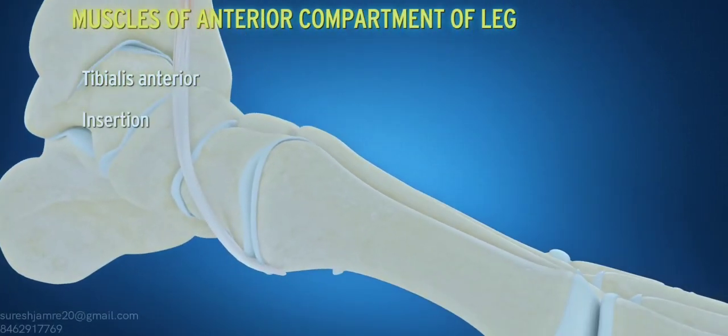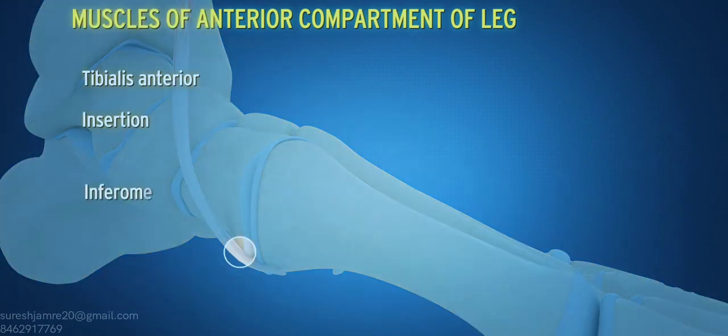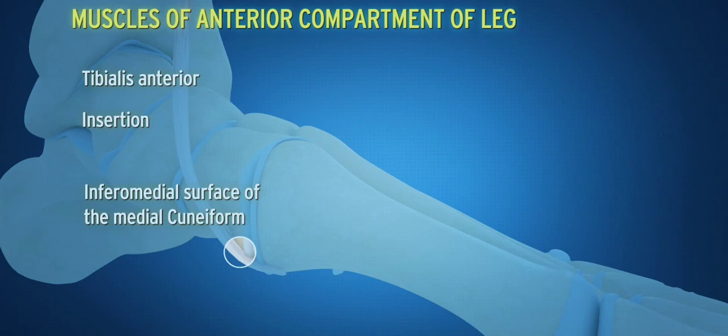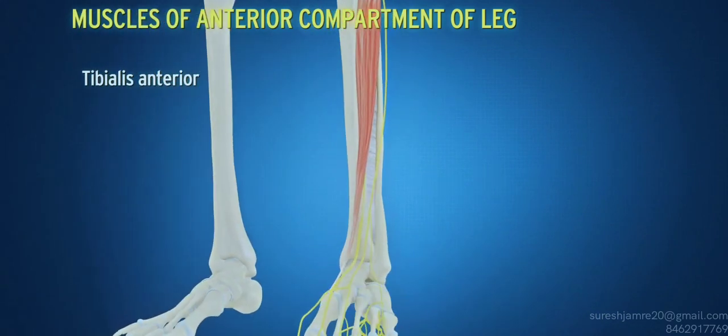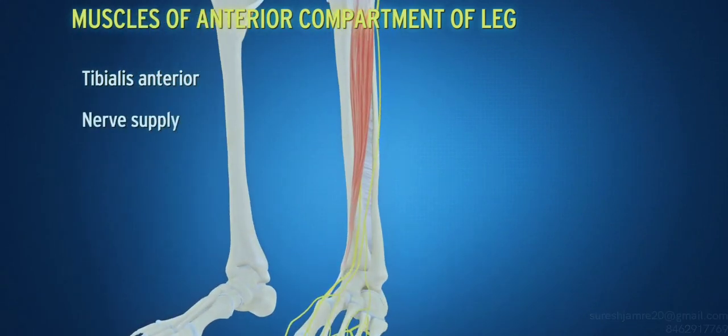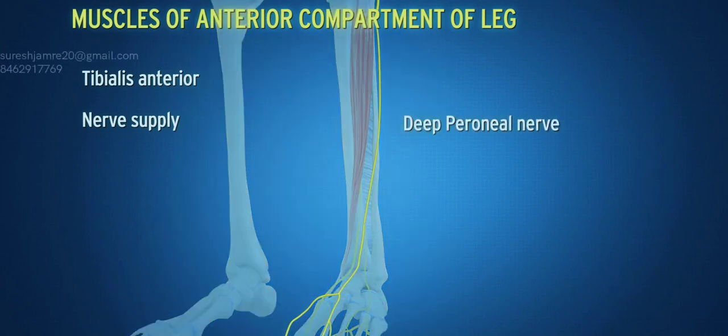Insertion into the inferomedial surface of the medial cuneiform and the adjoining part of the base of the first metatarsal bone. Nerve supply. It is innervated by the deep peroneal nerve.